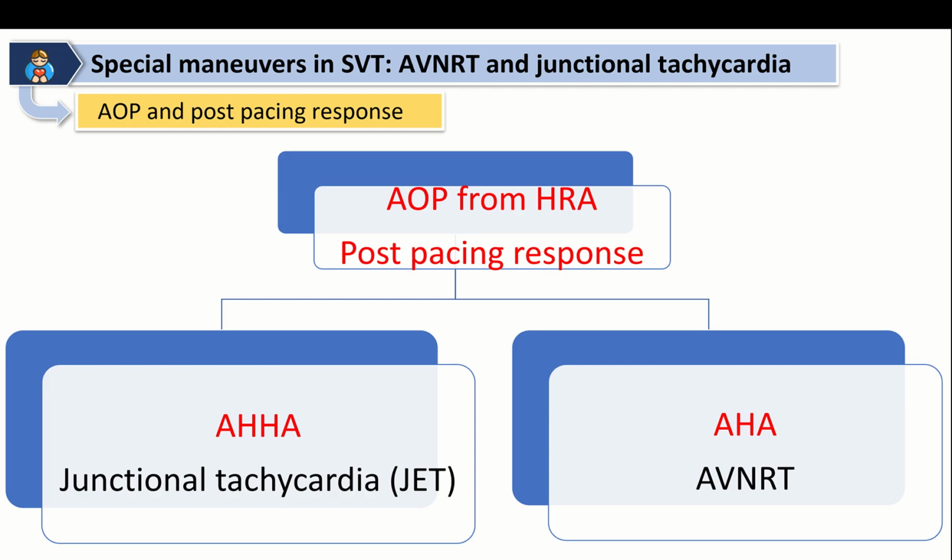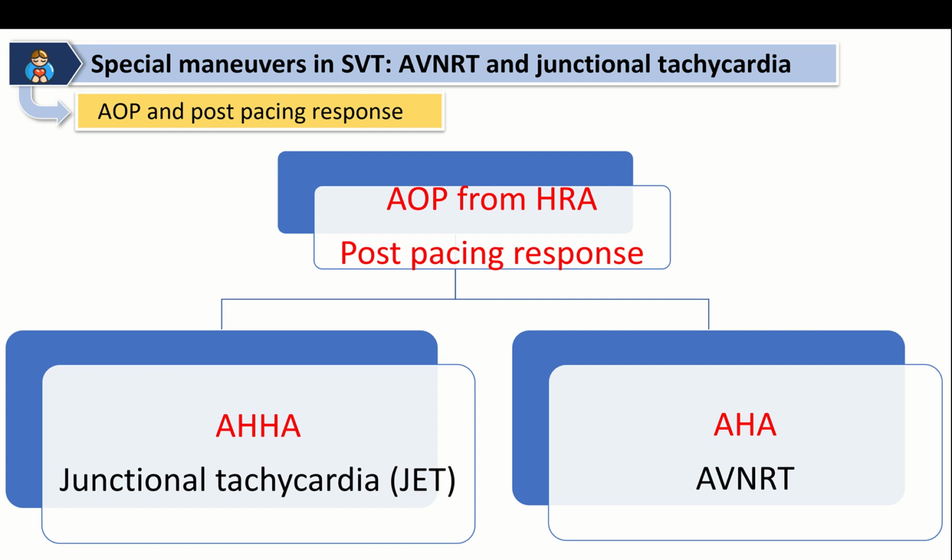AVNRT, go for slow pathway ablation, mandatory. However, in junctional tachycardia, no need to ablate more and more, just medical treatment. Both of them are narrow complex tachycardia, 1-to-1 conduction with very short VA interval.